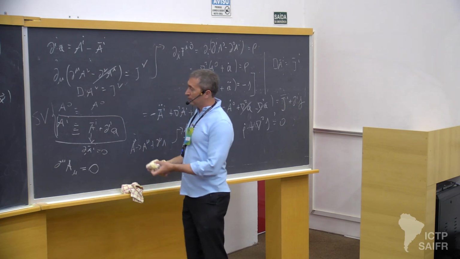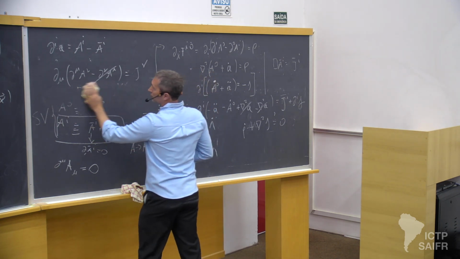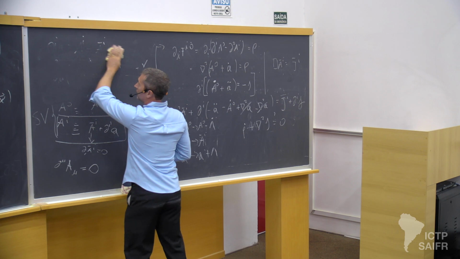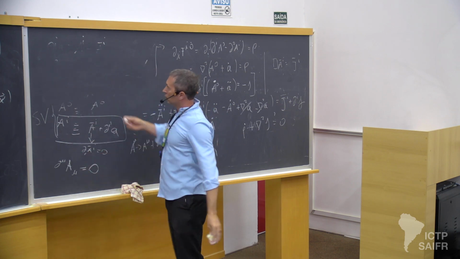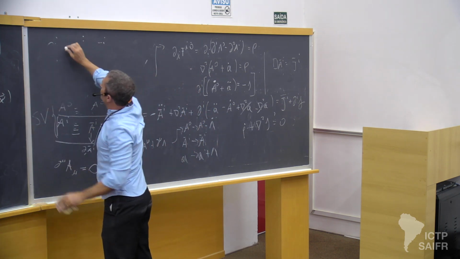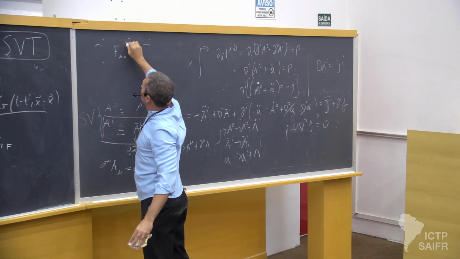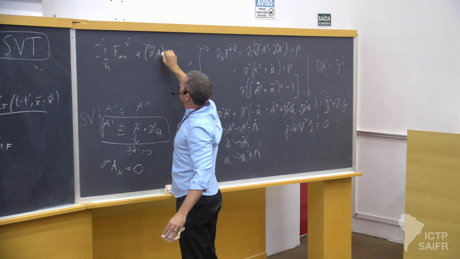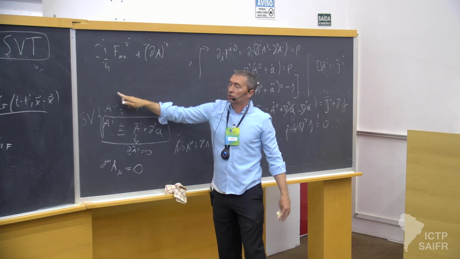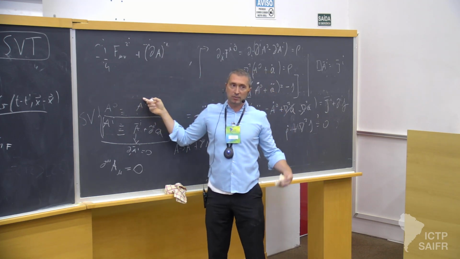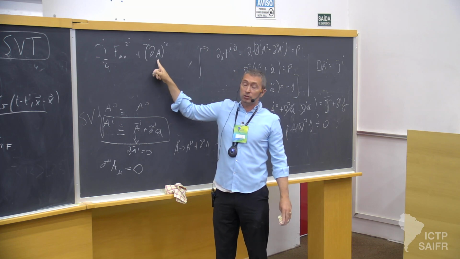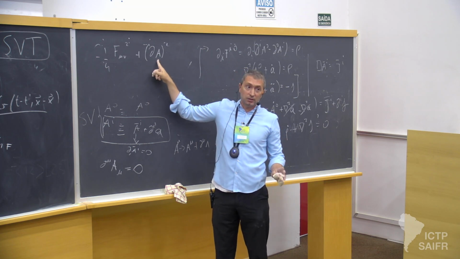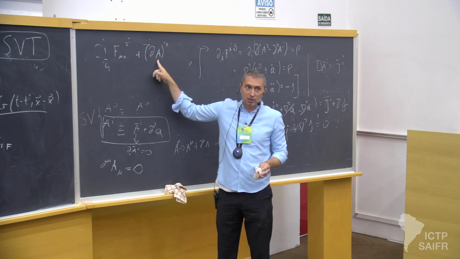Sorry, the question goes well beyond the scope of this course, but since it has been raised, I have to answer. In electromagnetism you have a Lagrangian, which is minus 1/4 F^2, and then you add by hand a (dA)^2 term. By adding it by hand, you do what I just described: you make the equation much simpler, much nicer, but you are in principle solving for something different from electromagnetism, because you added something that didn't belong.